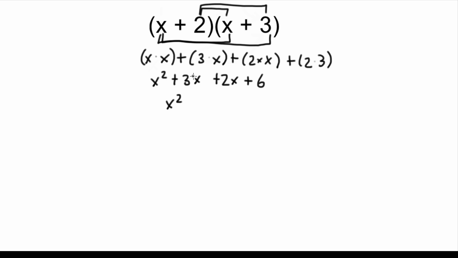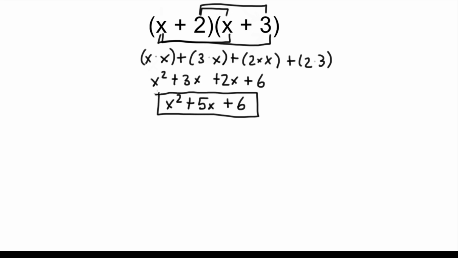So x squared, there is no other x squareds, so that goes by itself. And then we go plus a 3x and a 2x can be added together to get 5x. And then there's no other number with no x, so 6 stays by itself. And this would be our final answer for this question.